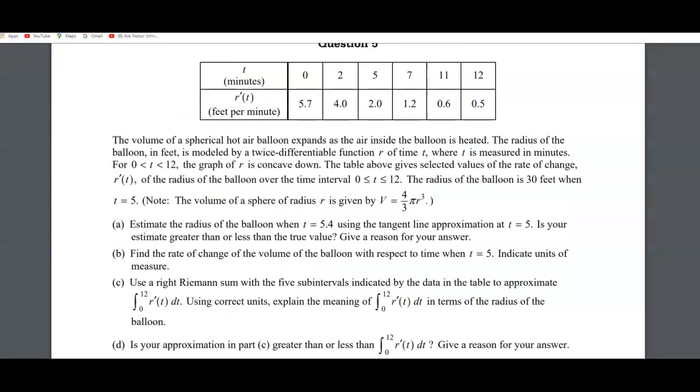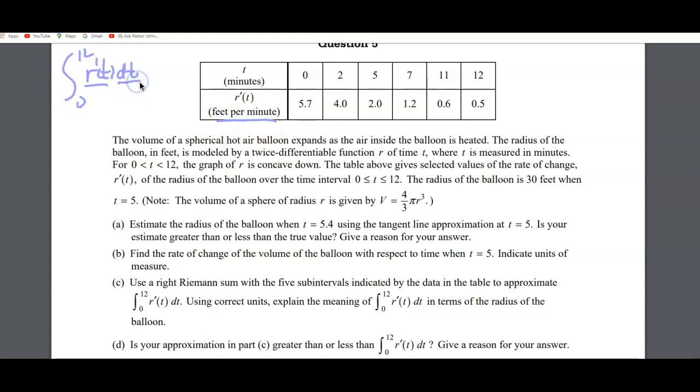So now let's go back to this problem we're looking at. They're asking, what are the units for this expression here, r prime of t dt, right? Well, r prime of t is feet per minute, right?